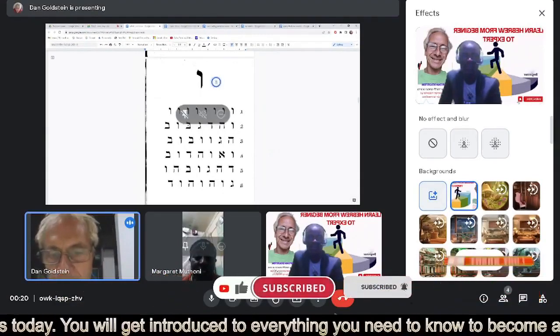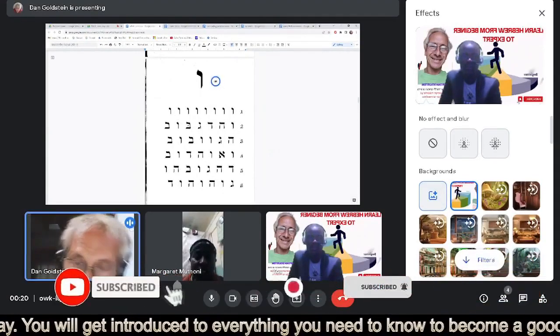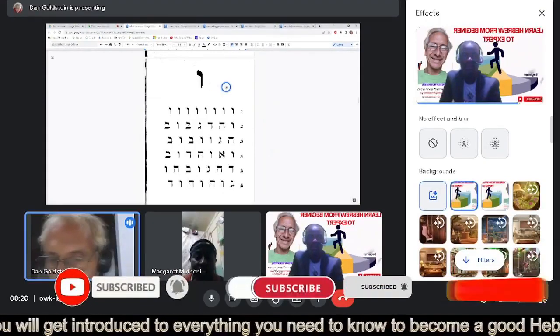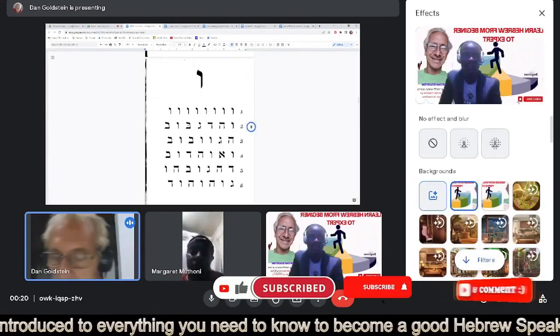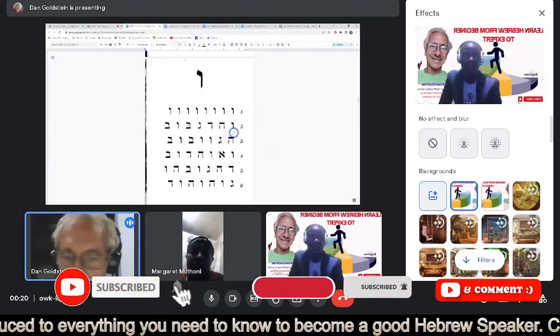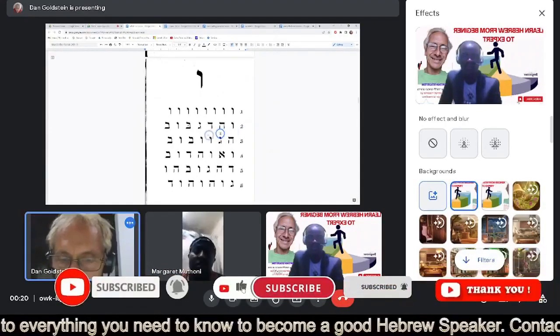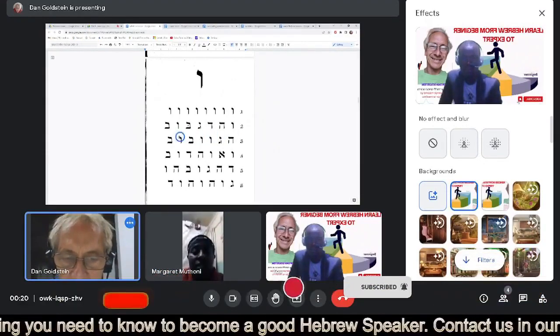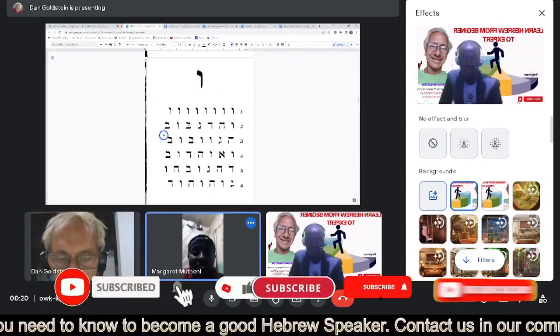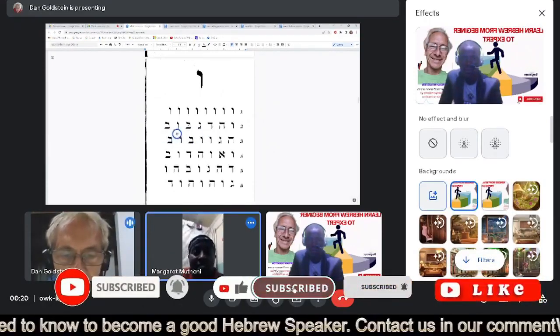So we can now name the letters as a way to practice remembering the letters. And we'll start with line 2, and I'll recite the first line. Vav, Hey, Dalet, Gimel, Bet, Bet, Vav, Vet.